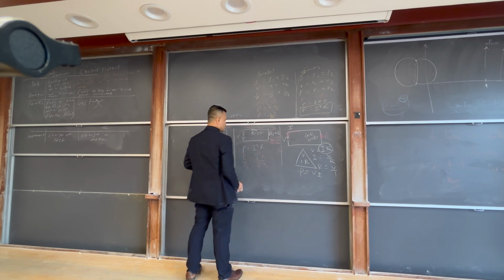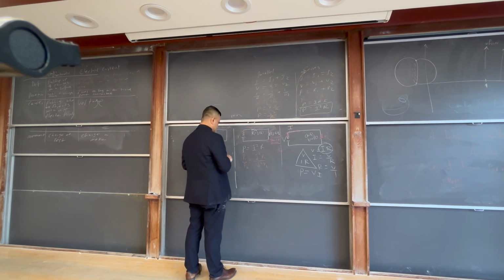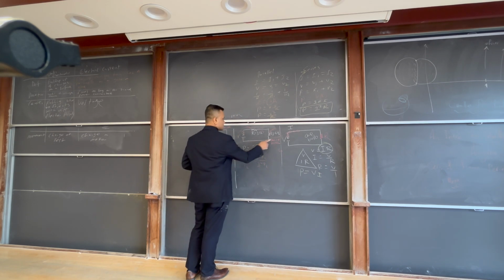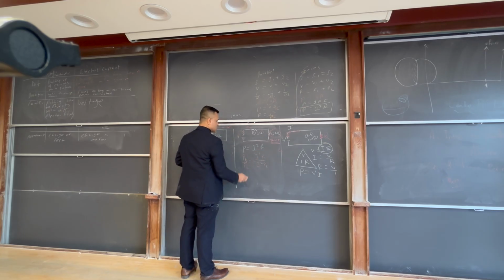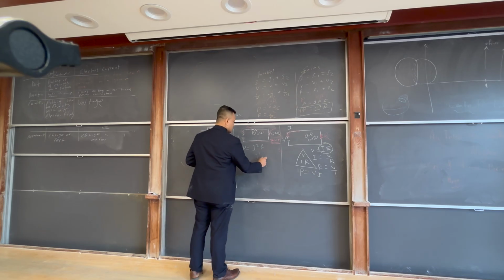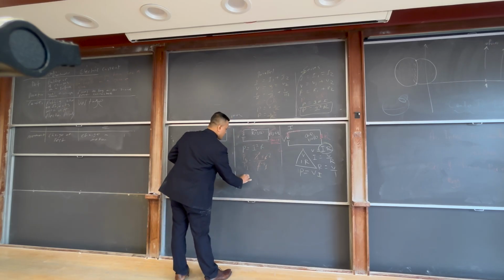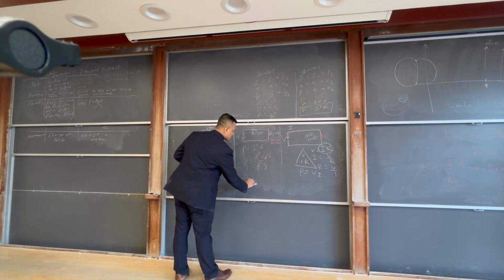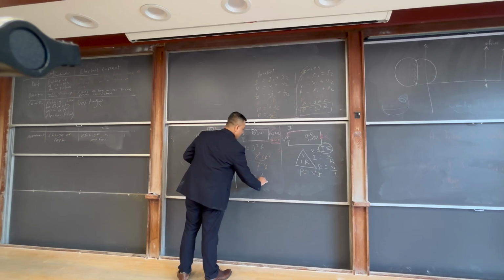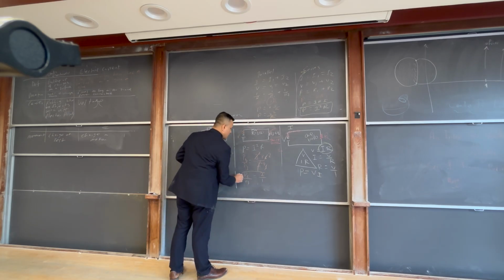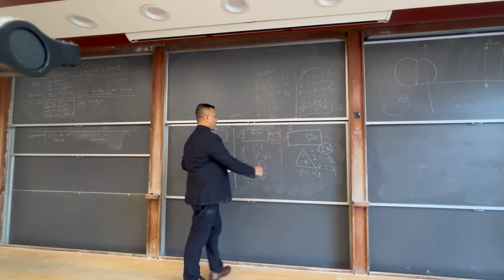Current is the same, so you can cancel current. This is 6 and this is 3. I square cancels. 3 goes into 6 twice. So P over 6 over P over 3 is equal to 2 over 1. This is twice as big.